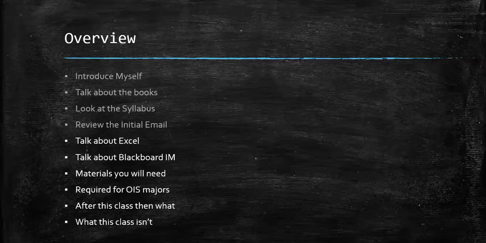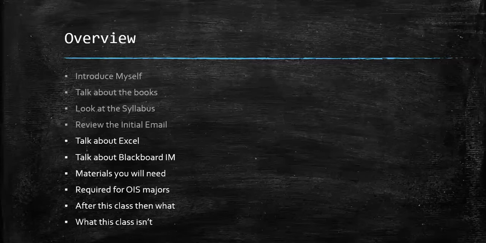So it is a required class for OIS majors. After this class, if you have caught the accounting bug, you might find yourself wanting an accounting certificate, or you might find yourself wanting to move into accounting principles and some other business courses. So those are things that you would want to discuss with your advisor or myself.